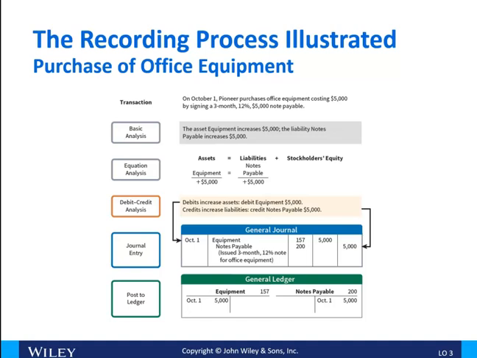In the accounting equation, we have a plus $5,000 on the asset side for equipment, plus $5,000 on the liability side for notes payable. If an asset increases, it's a debit, so we're going to debit equipment. A liability increase is a credit, so we're going to credit notes payable. We do the journal entry, and then we post that journal entry into the ledger.